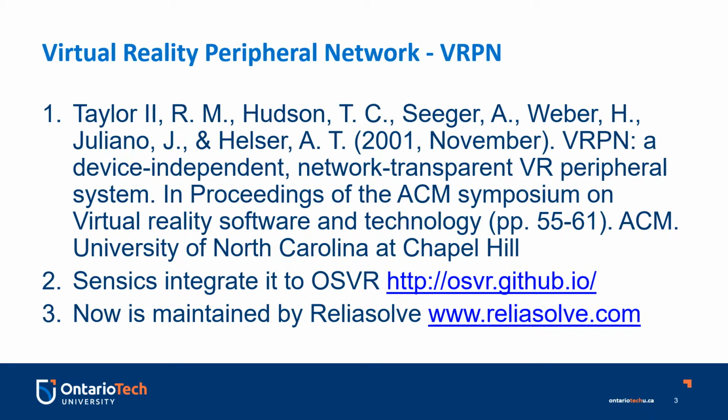Later, Sensics integrated two open source virtual reality projects. Sensics is a company that develops high-end head-mounted displays, but now is involved in the open source community through the OSVR project. And now VRPN is maintained by ReliaSolve.